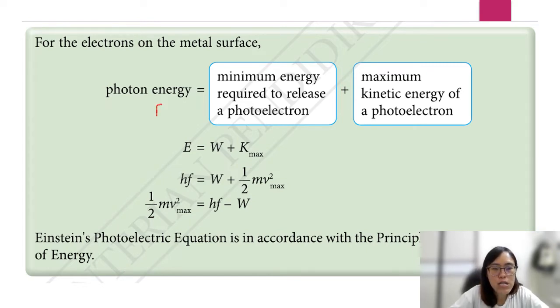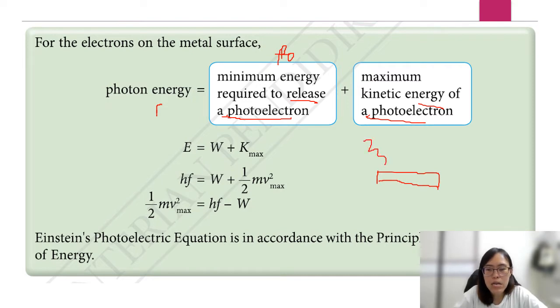The photon energy is the minimum energy required to release the photoelectron based on the threshold frequency, plus the maximum energy of the photoelectron. Let me give an example. Say this is a metal illuminated by light, and the photon energy of the light is maybe 5 joules. The electron receives this 5 joules of photon energy, which must exceed the threshold frequency of the metal.